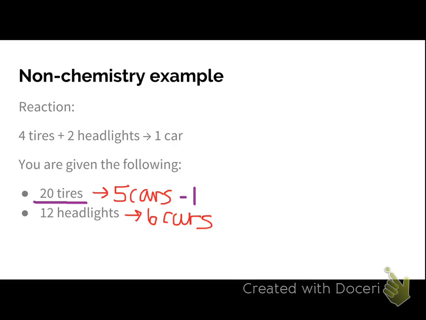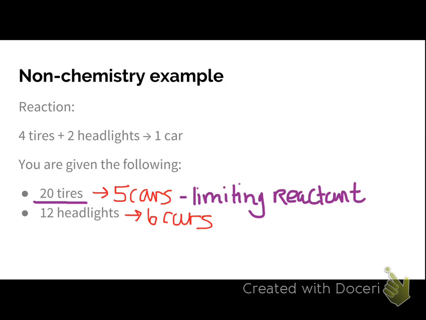So this is what we're going to call our limiting reactant. If someone gives me all of these tires and all of these headlights, it's the tires that are going to limit how many cars I can make.